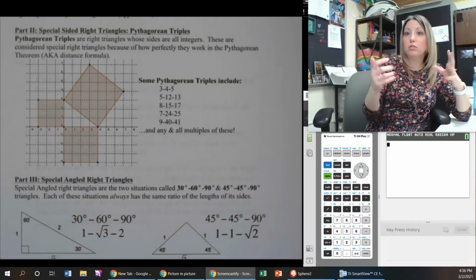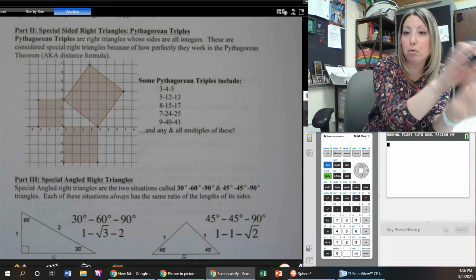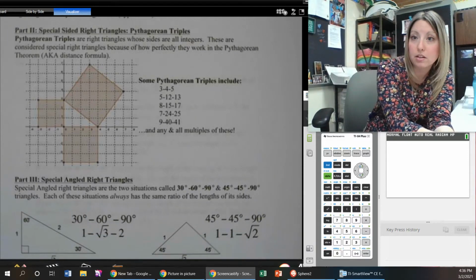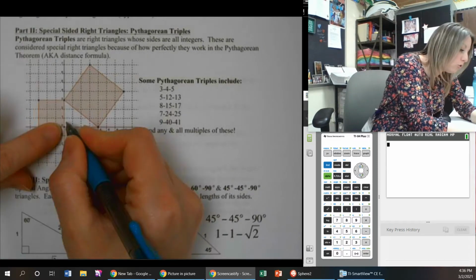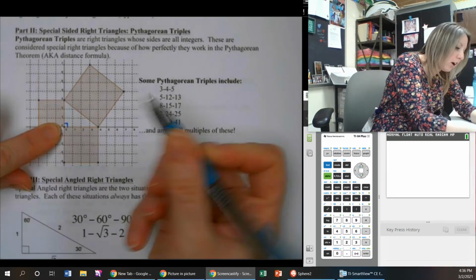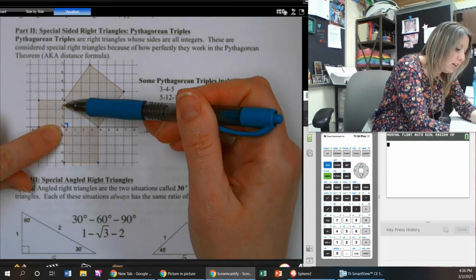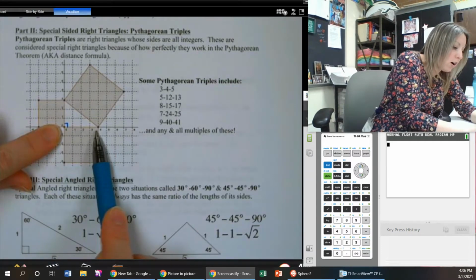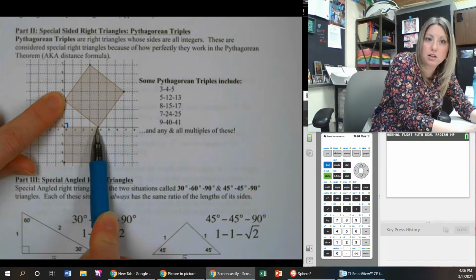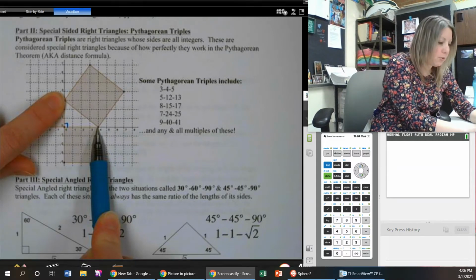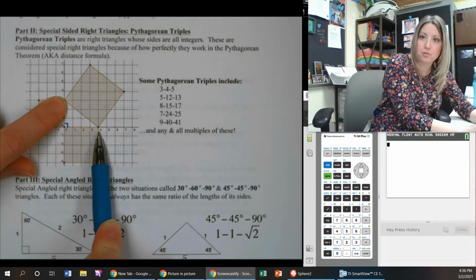So when taking a triangle and putting it on the grid like this and seeing that here is your right angle, this is a length of 3, this is a length of 4. What's this distance here? Well, it turns out this distance here is 5.